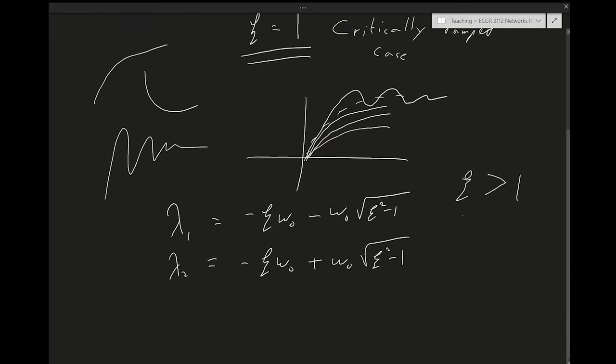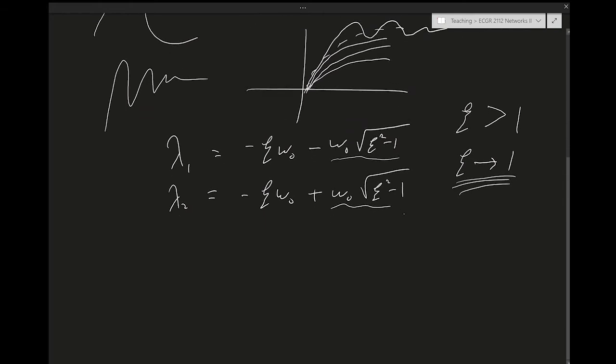So what happens as zeta gets closer to 1? As we keep approaching 1, the square root terms approach 0, right?